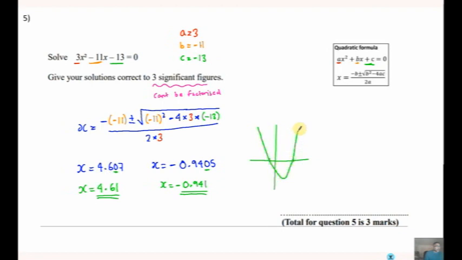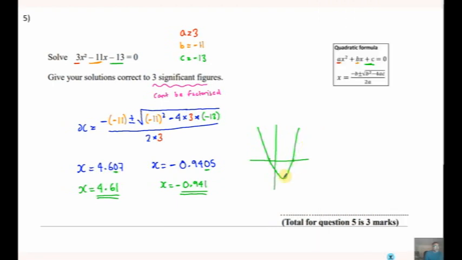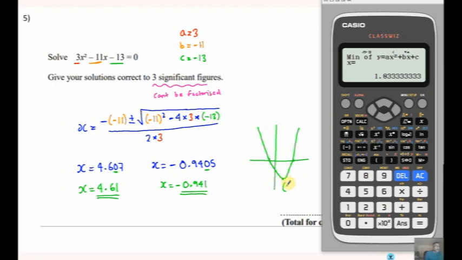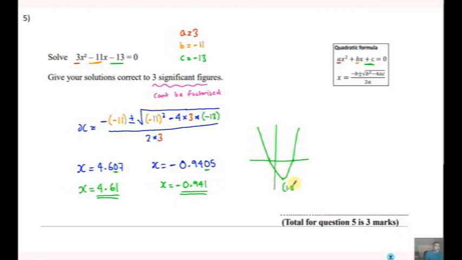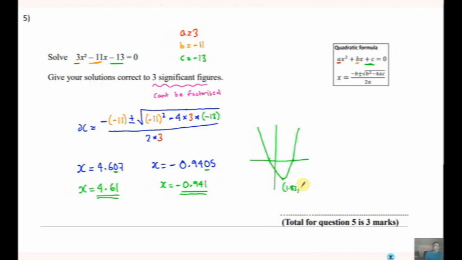And this calculator is telling me that my x value for the minimum point, so that point there, my first coordinate will be 1.83, and my second one, if I press equals again, my y coordinate will be minus 23. So again, it tells you quite a lot about the function itself, so minus 23 point something.